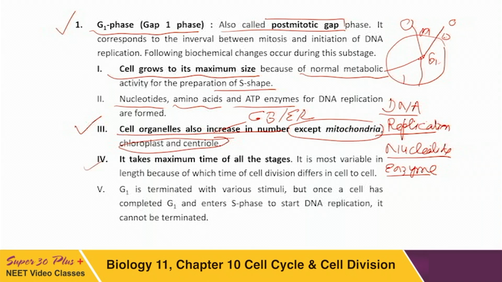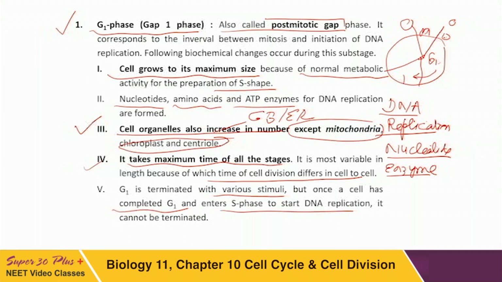The cell will grow to the maximum size, and this is the most variable length, because the time of cell division differs from cell to cell. It is because of that the time of G1 varies. G1 is terminated with various stimuli, but once the cell has entered into G1 phase, after that the cell has to enter into S and the cell has to divide.